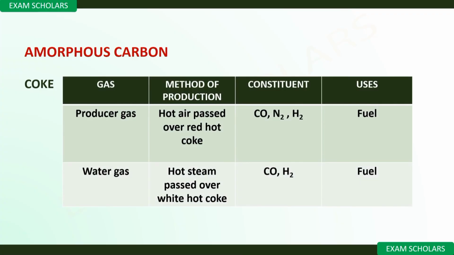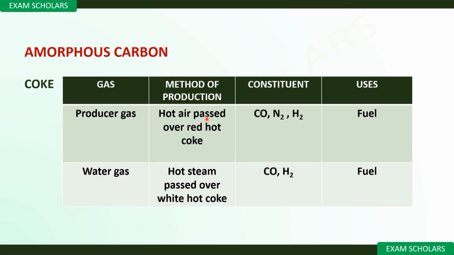Now, from coke we can get two gases. The first one is producer gas. How do we get producer gas? The method of production is you pass hot air over red hot coke. So let's say you have a chamber and you heat up coke to the point at which it is red hot.